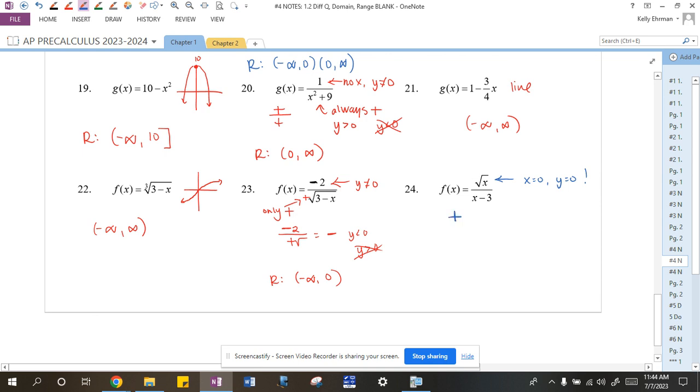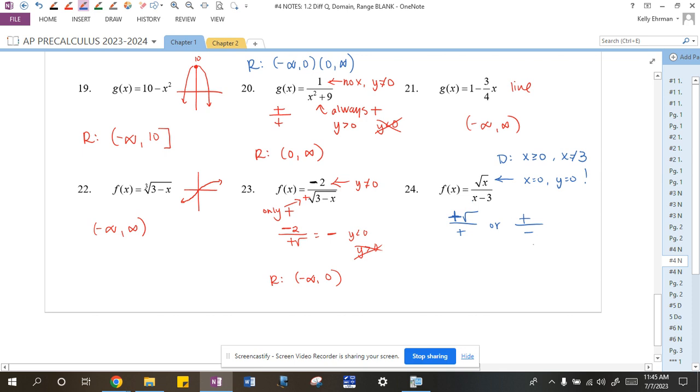So we have this always positive square root over this, well, x minus 3 could come out positive, or it could come out negative, depending on what you're plugging in there. Except, what can you plug in there? Let's think about this. Domain, x needs to stay greater than or equal to 0. x can't equal 3.